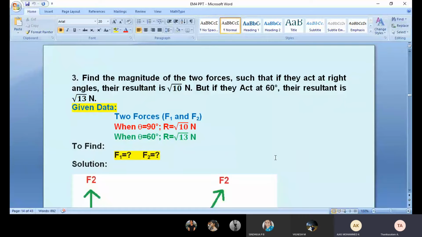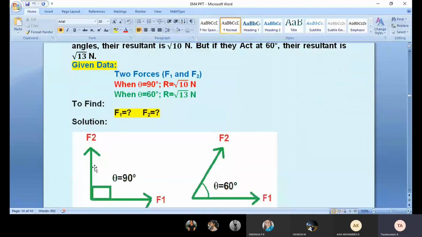Super. Good. See, the problem statement: find the magnitude of two forces, so you take them as F1, F2. Such that if they act at right angles, see, I put a graphical representation. Two cases are given.